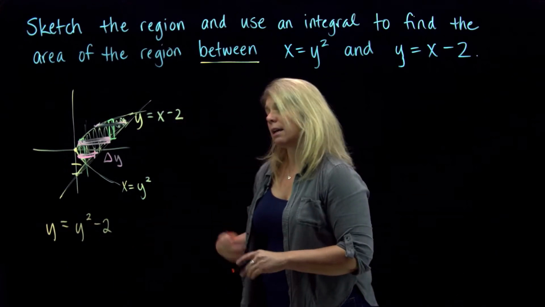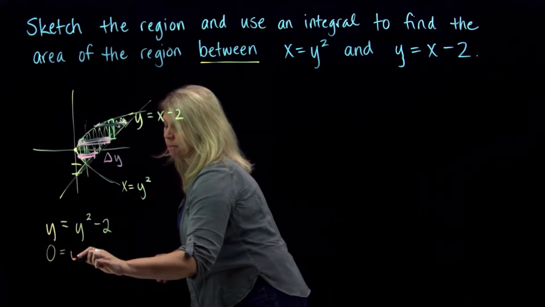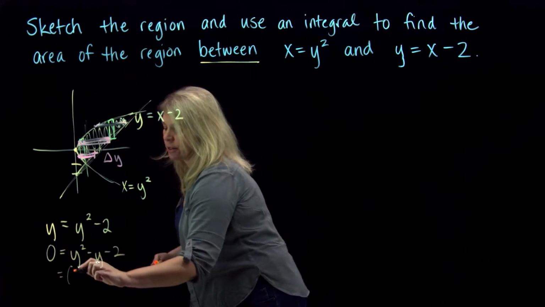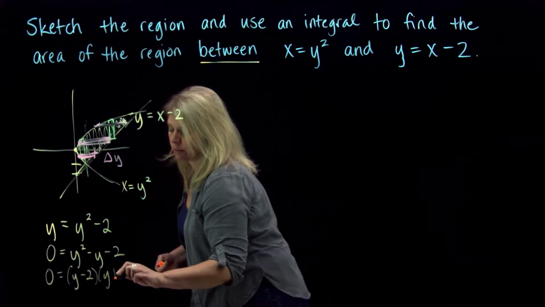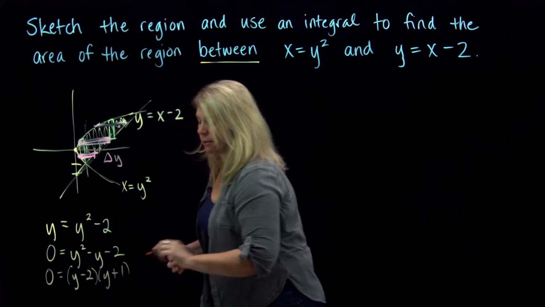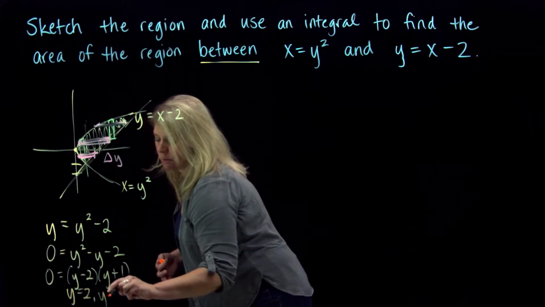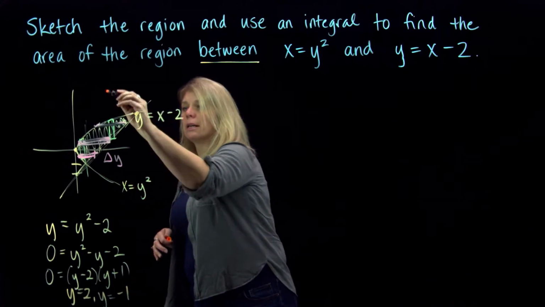This is quadratic. Again, get it equal to 0. Subtract y from both sides. And this one factors. And when I set each of those factors equal to 0, I'll get y equals 2 and y equals -1. Okay, so those are the y coordinates of my 2 points here.